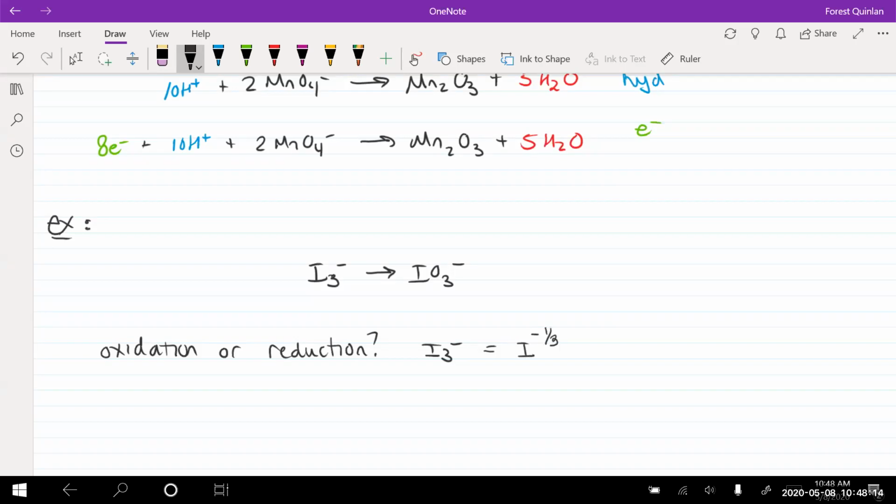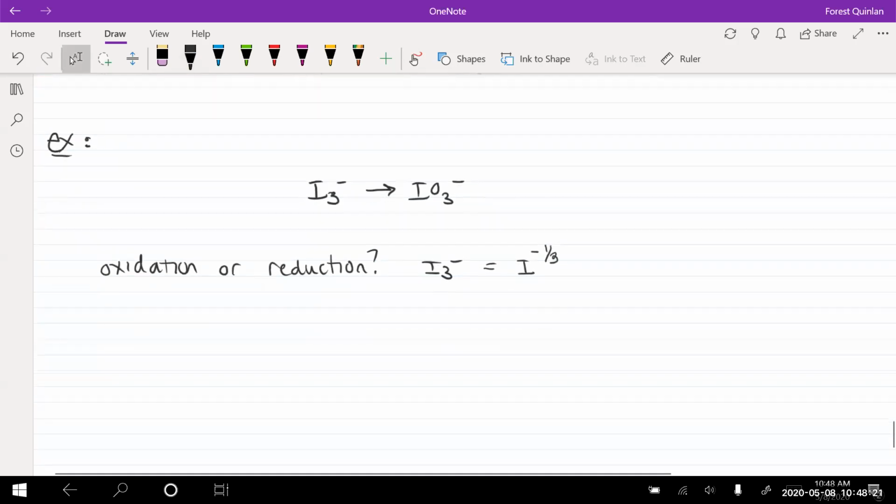Whoa, did I just blow your mind? There's 3 of them, and it's a -1. So each of them is technically carrying a 1/3 charge. IO3 minus. Oxygen is a -2. There's 6 of them. Take 1 away. That iodine becomes a +5. The charge increase. It is oxidation.